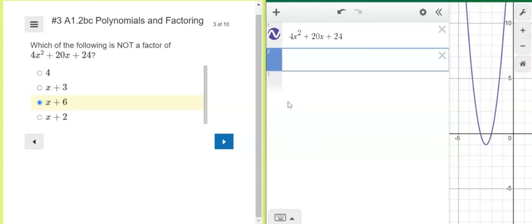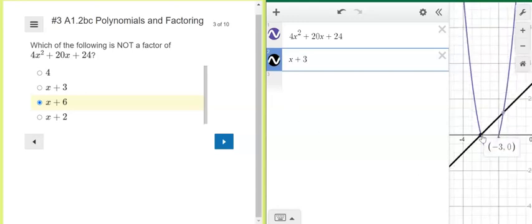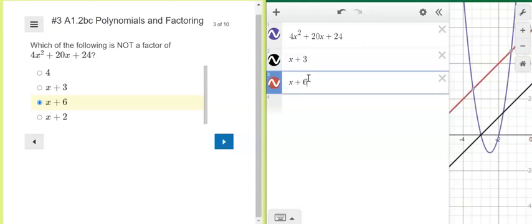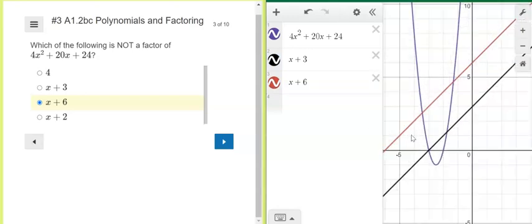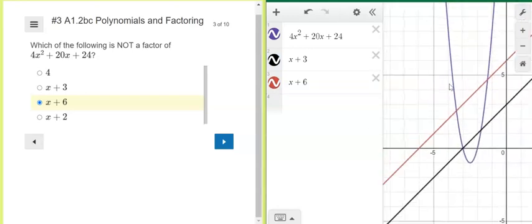And then if I plug in x plus 3, it shares an x-intercept right there. So I know that it is a factor. But if I put x plus 6 here, it doesn't have the same x-intercept as my graph here, my parabola, which is my original function expression. So that's how I know this is not a factor.